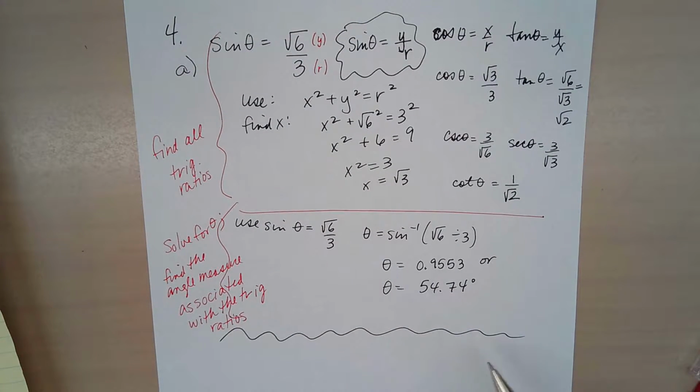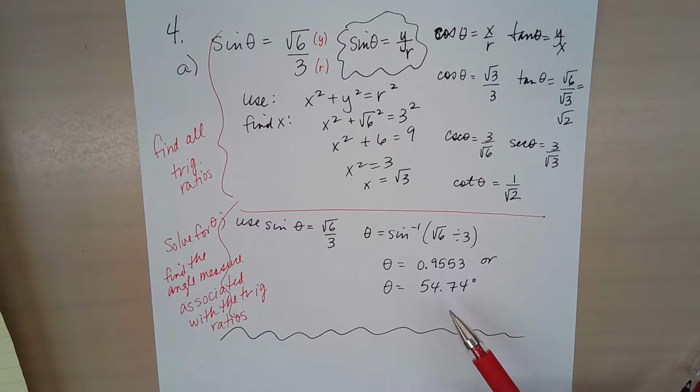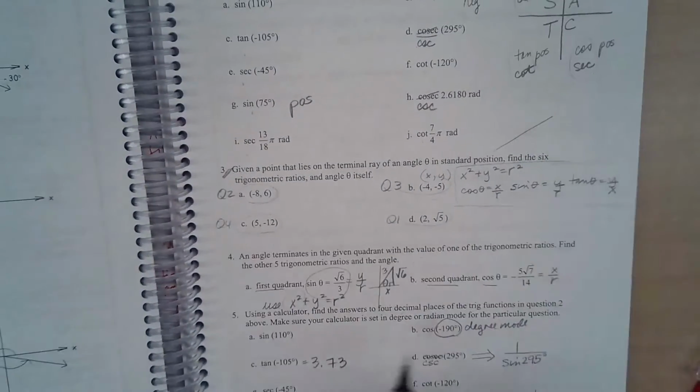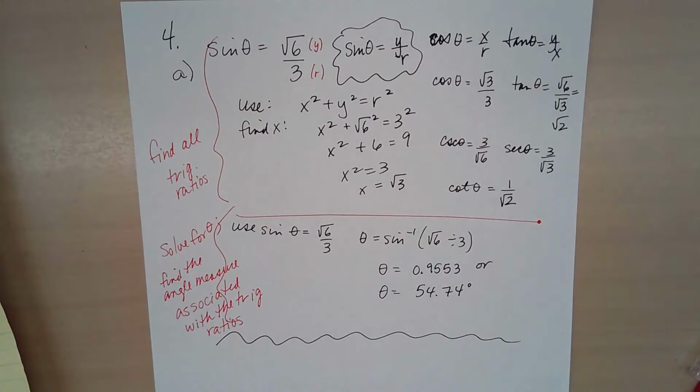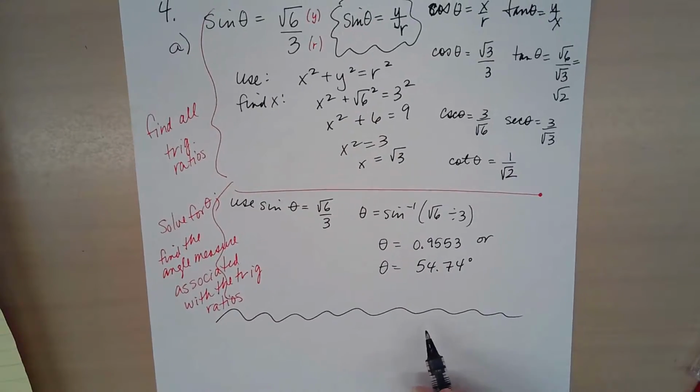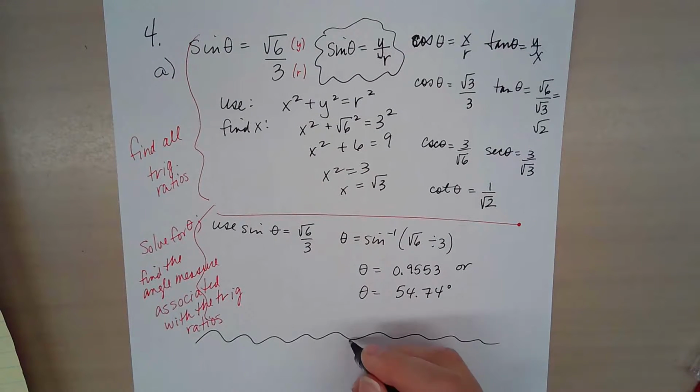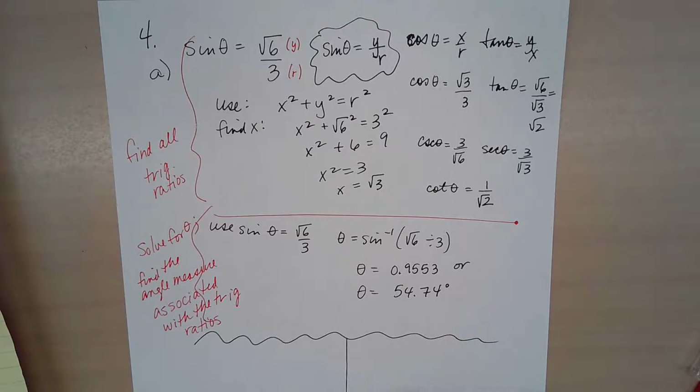The interesting thing is they told you the angle was in quadrant 1, right? I think that's what the instructions said. It said the angle falls in the first quadrant, okay? Because what they're saying to you is they're telling you exactly where the angle was, because the interesting thing is that sine of theta equals root 6 on 3, cos of theta equals root 3 on 3.